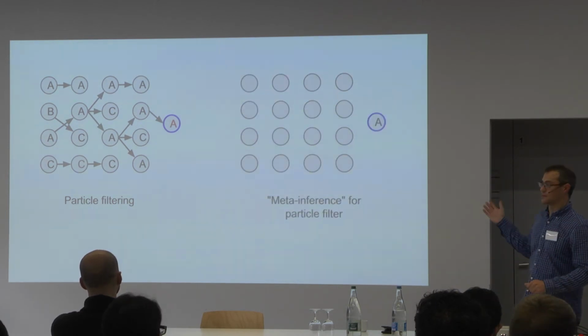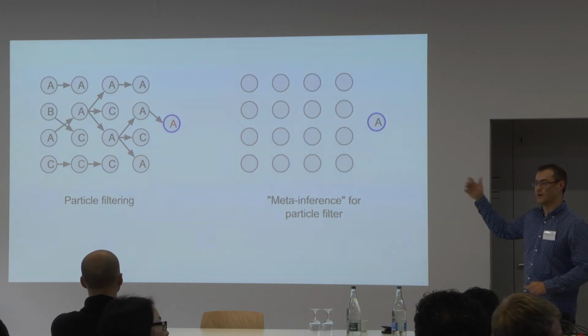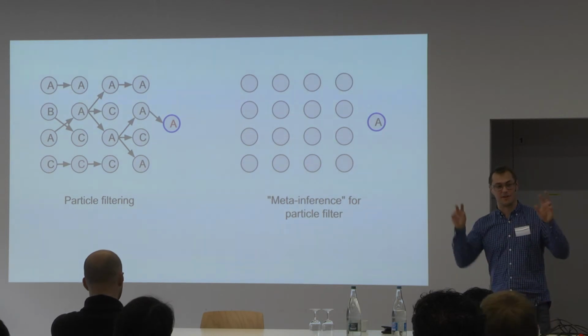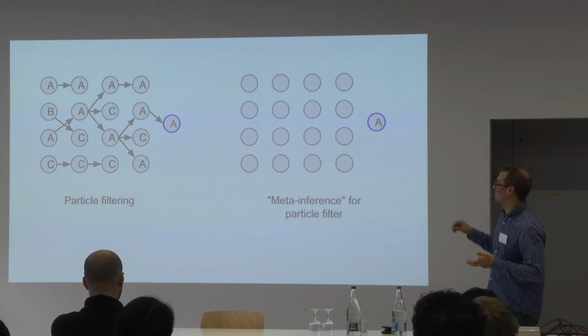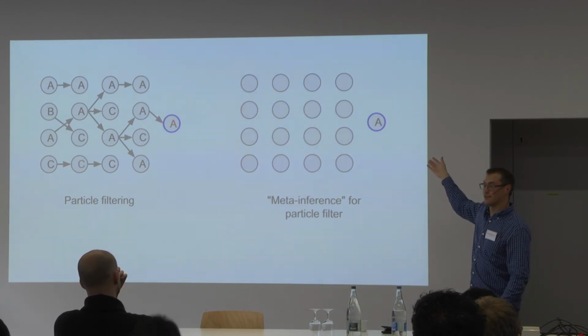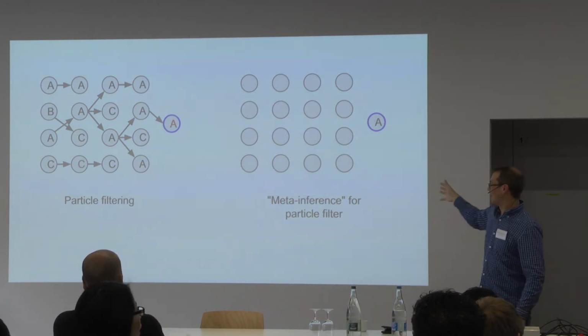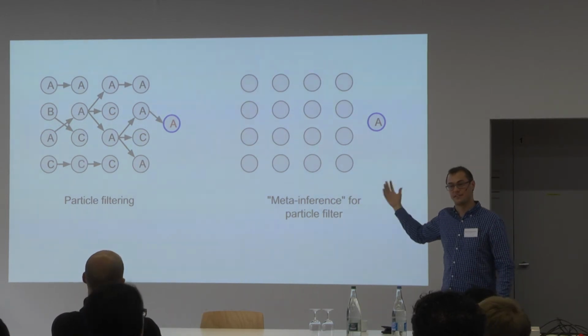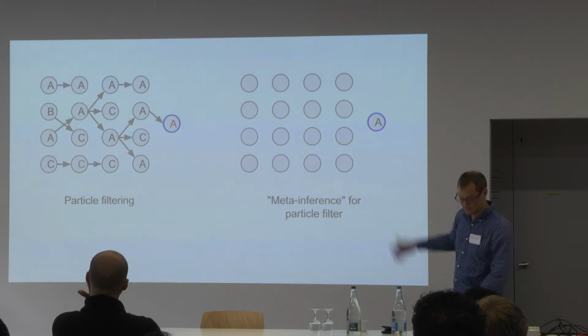Suppose you wanted to do inference in this model. Now I'm treating the inference algorithm as a generative model, and this is where the meta-inference idea comes in. So the idea here is that I'm observing some random variable, the output X, and I'm asking: what is the execution trace, or the history of all the random variables that happened inside this model, that explains that X?